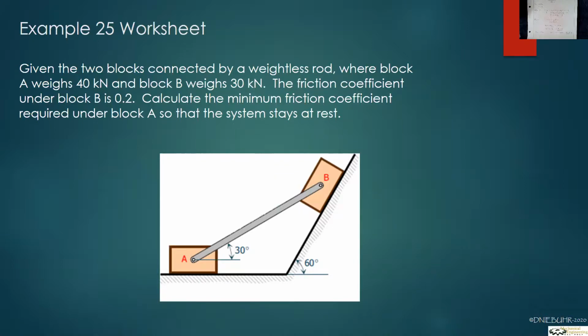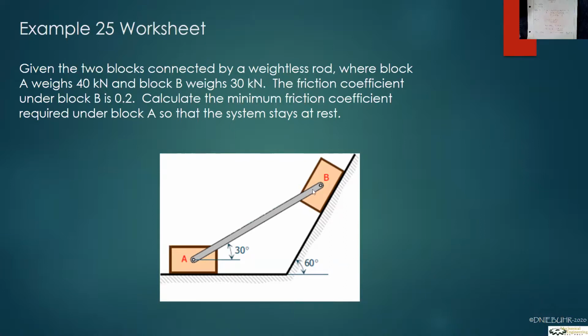So with that in mind, which one are we going to start with, A or B? Well, we're going to start with B, because we know the mass of B, we know its friction coefficient. So what we can do is figure out what force has to be in that lever to hold it up. Because if you isolate the problem, imagine you take a cut through the problem and you just had, say, your hand holding B up, or another lever or anything, it doesn't matter if it's friction.